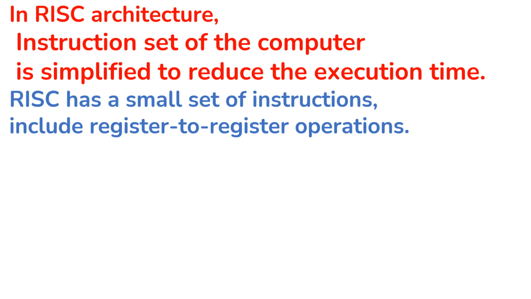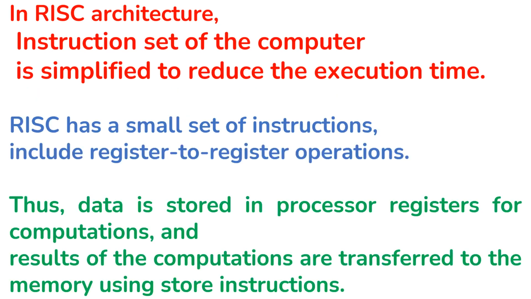It also has a small set of instructions that are register to register operation based. Here, operations are always done from register to register. Data is stored in processor registers for computations, and the results of the computations are transferred to the memory.